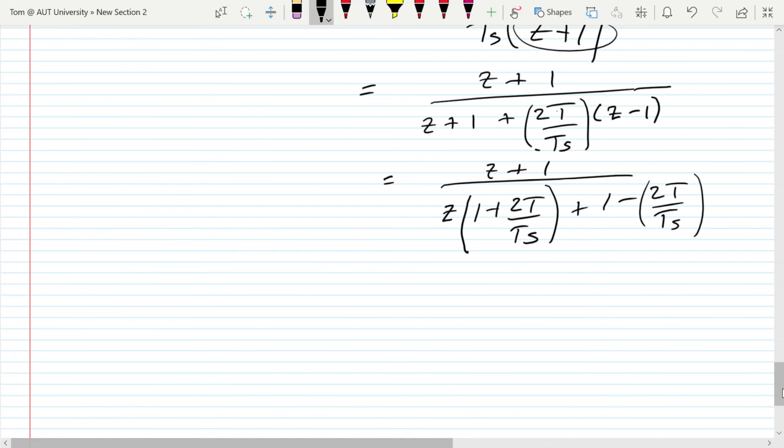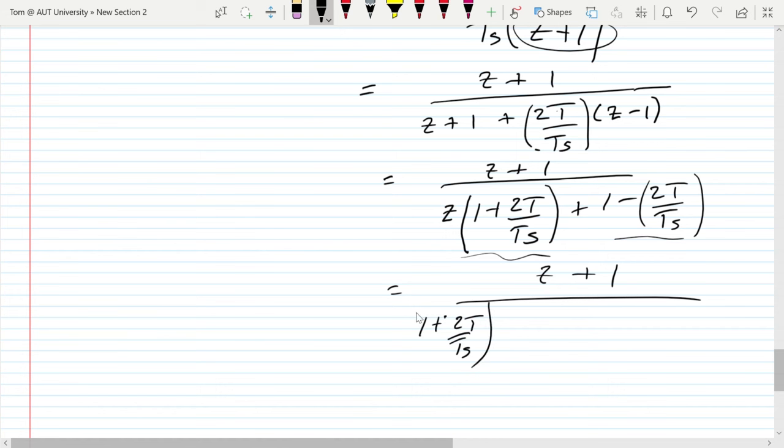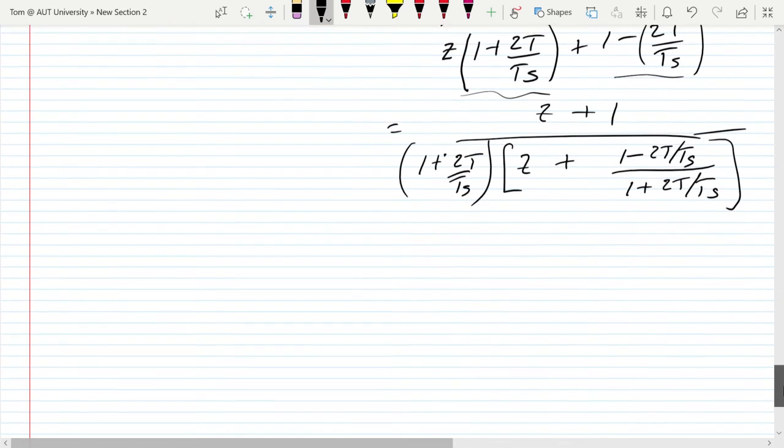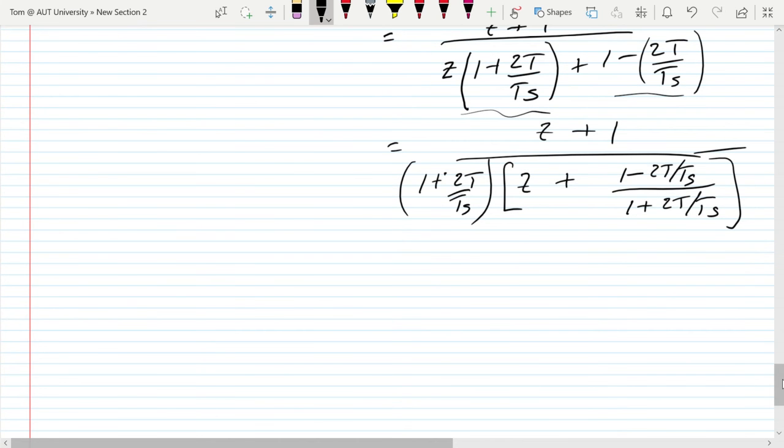But what I'm going to do now is take out this bit and write it as z plus 1 over 1 plus 2T over Ts, and that gives me z plus, and then it's 1 minus 2T over Ts over that. So it does take a little bit of algebraic messing around, I'm afraid. It's worse, of course, for second order. And that's my answer. What I really want to do is have a 1 in front of the z bit, for reasons that will become obvious in a moment.